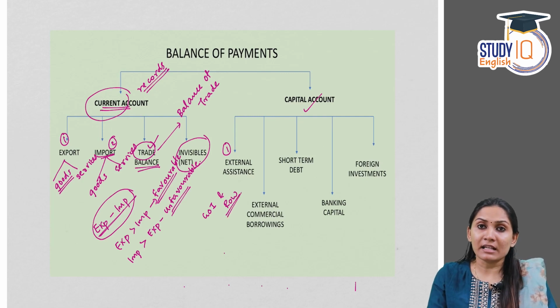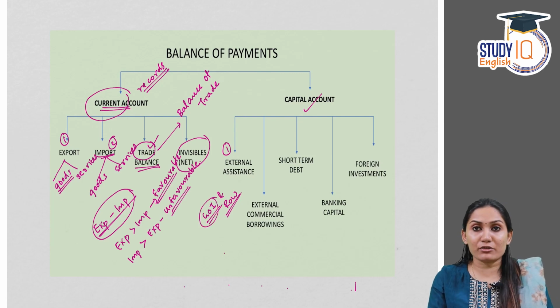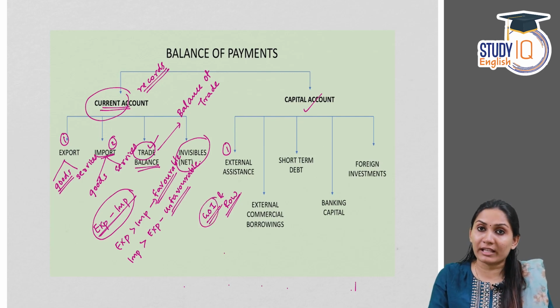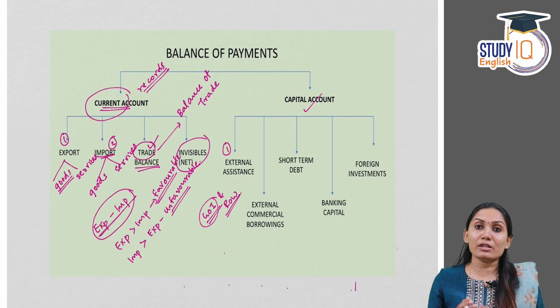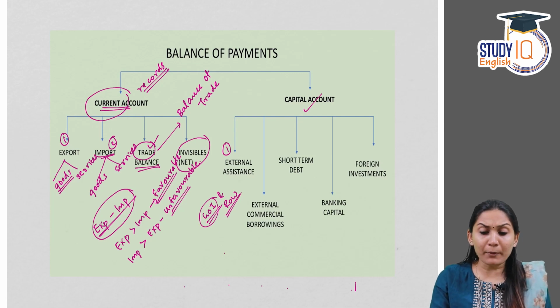External assistance means the assistance given from different other governments or various multilateral institutions to the government of India. It can be bilateral or it can be multilateral. If it is from one country to another, it is bilateral, and if it's from a multilateral institution to a country, it is known as multilateral. First component of capital account is external assistance.